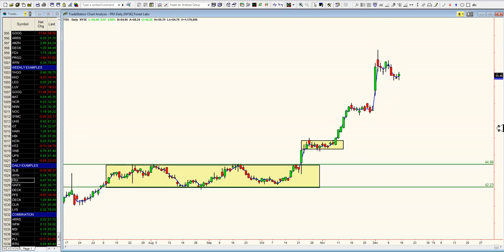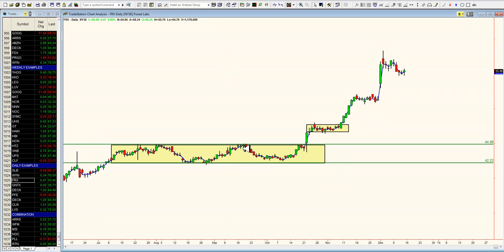FRX was one that had a nice long consolidation here, then broke out, developed another, shorter consolidation, then broke out nicely again, had another consolidation but went up on news. I forget what that news was. Maybe it was earnings. But anyway, you can see where it had a nice long consolidation a couple of times.